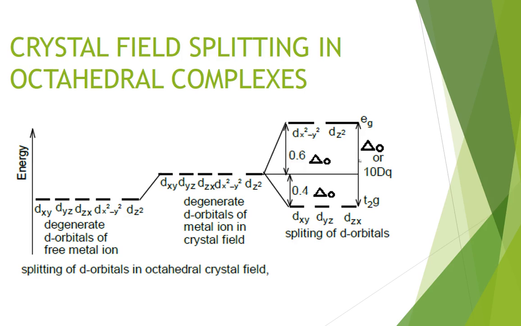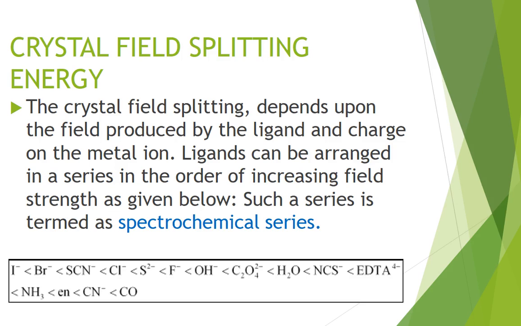This difference in energy represented by delta O is called crystal field splitting energy. This crystal field splitting energy depends upon the field produced by the ligand and, number 2, the charge on the metal ion.